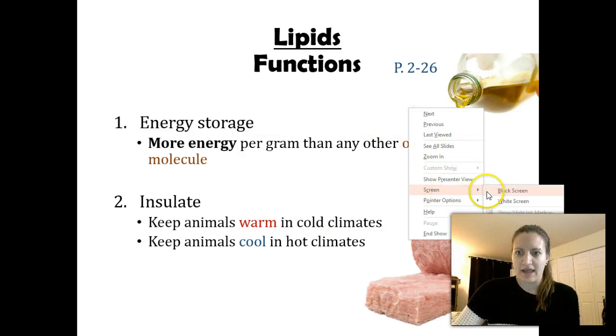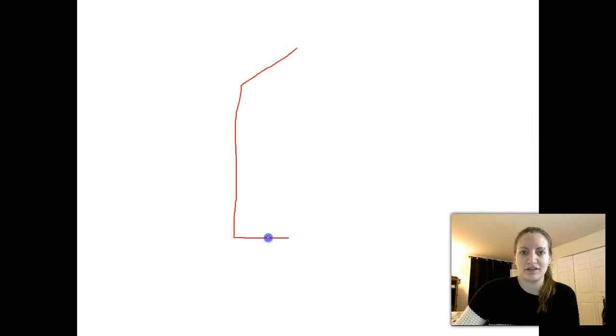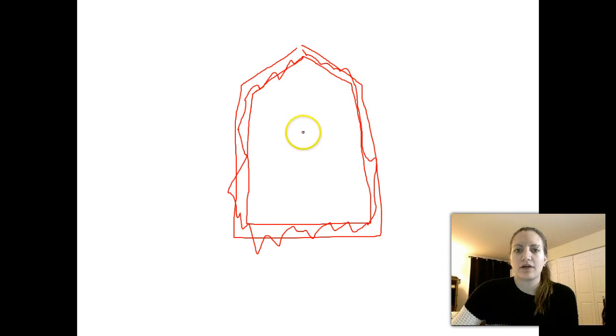So one way that I illustrate this point is thinking about a house. This is the same kind of insulation that we have for a house. So here's our house. I'm going to draw an inner layer, and let's pretend that this layer is filled with insulation. Now, when it's cold outside, we typically have it warm in our house.